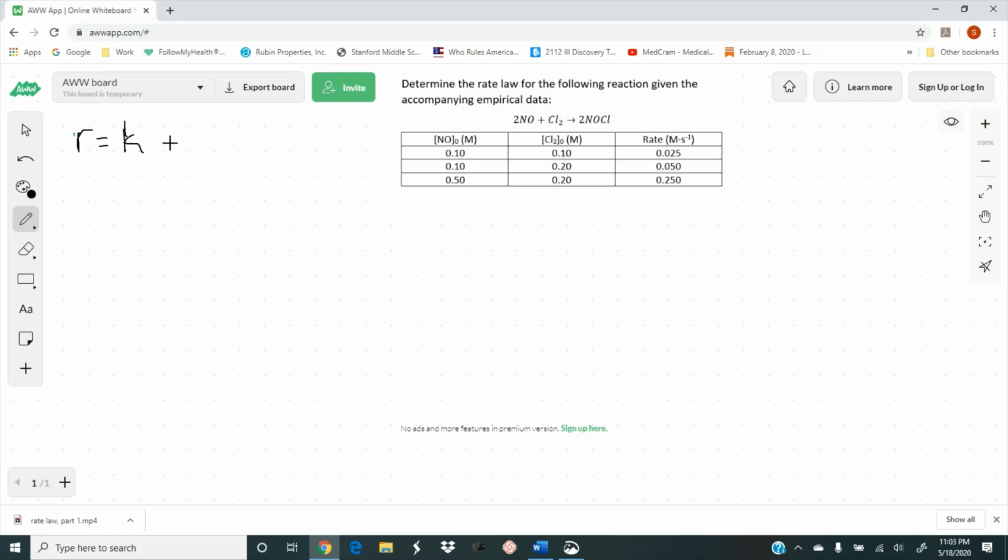I have NO, so k times the concentration of NO, in brackets, to some power x, times the concentration of the second reactant, chlorine or Cl2, in brackets, to some power. So the general form is: the rate R is equal to some k times the concentration of NO to the x times the concentration of Cl2 to the y.